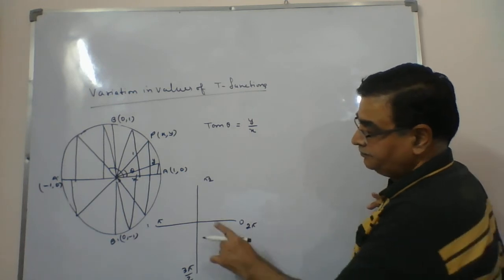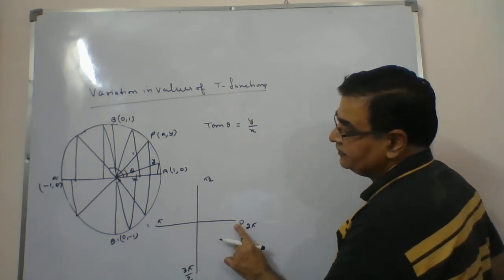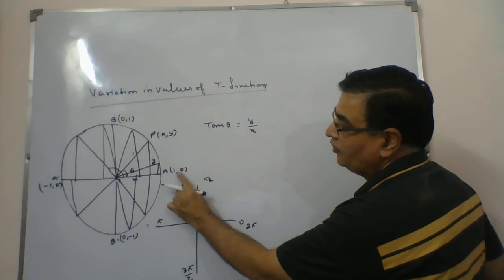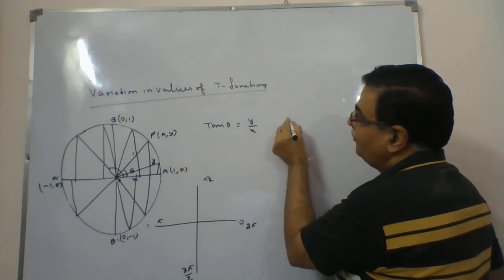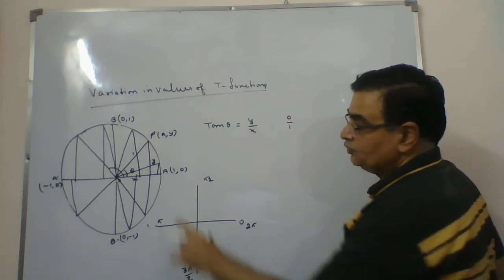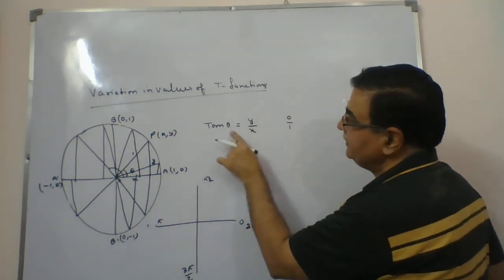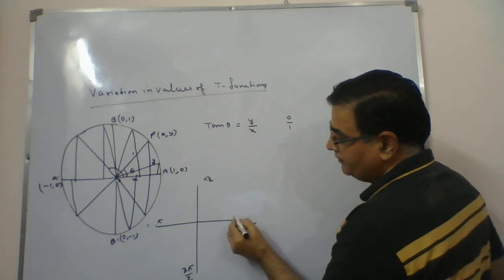Just check here. When you are at this stage, the coordinates are 1, 0. That means x value is 1 and y value is 0. So when you are at this stage, we will say tan theta will be 0 by 1, that is 0.